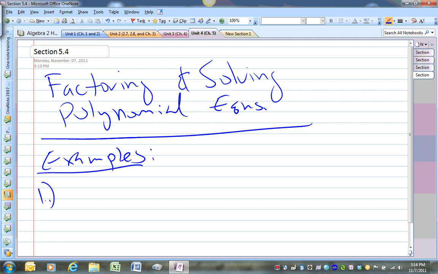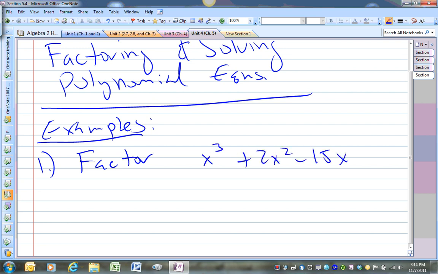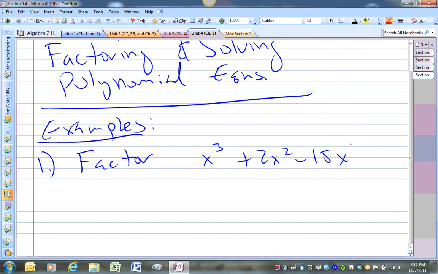And we're going to do 3 examples today. So example number 1 will be to factor x cubed plus 2x squared minus 15x. So this we've done before. You should know how to do this. Pull out the x.